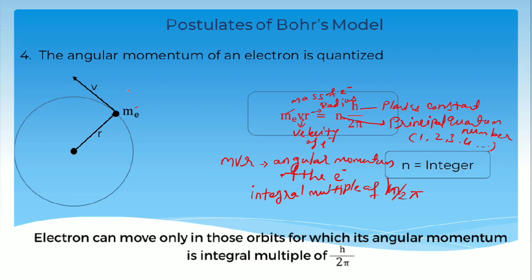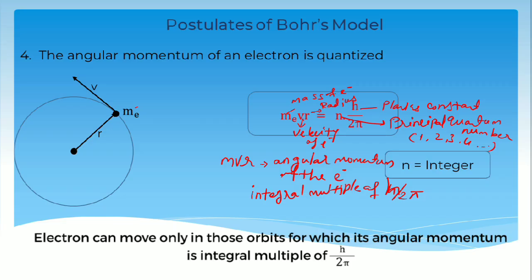So the product mvr gives the angular momentum.